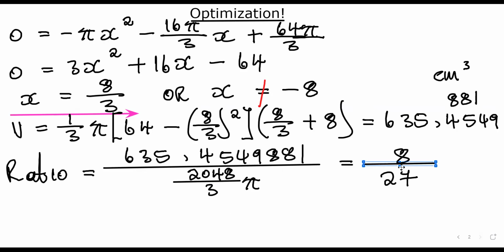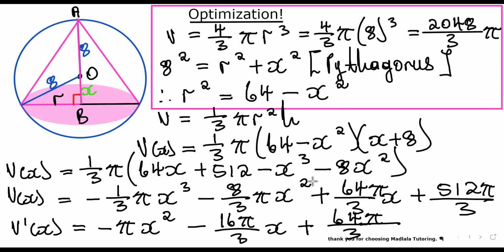That is the ratio between those two volumes. Yes, that is it. I'm really sorry for making mistakes with the sign here. Please do find it in your precious heart to forgive me. And yeah, that's how you do it.